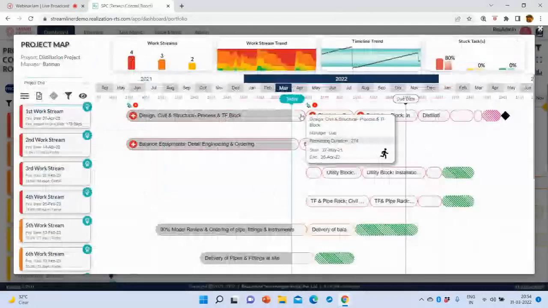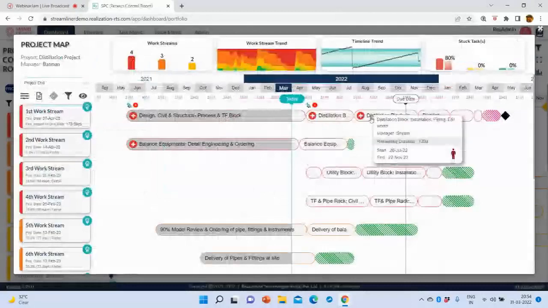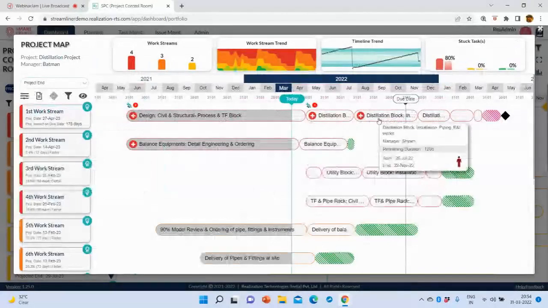So this is one part. The other part that Sanjeev had described was interactive work, which happens typically in the installation phase where piping, electrical, instrumentation, everything has to happen together.